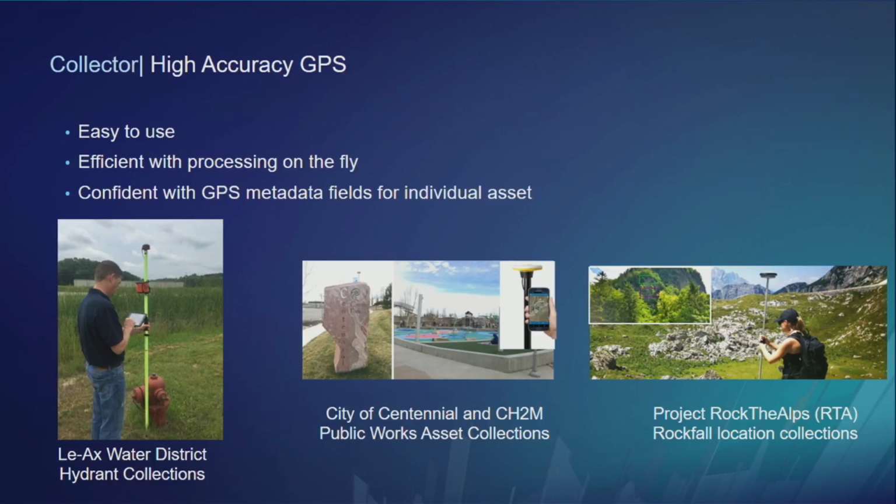So they use Collector, because we provide GPS metadata fields for individual rockfall locations, and it provides the level of accuracy, PDOP, HDOP, etc. This helps them build confidence about the data they collected.